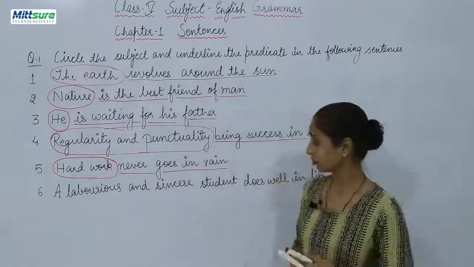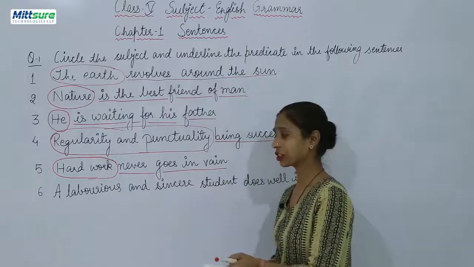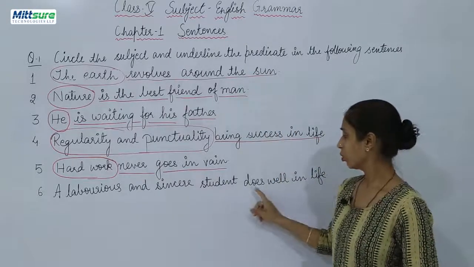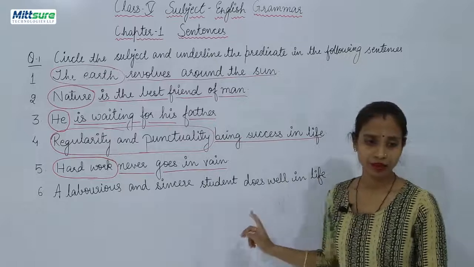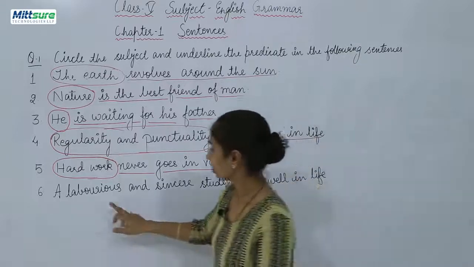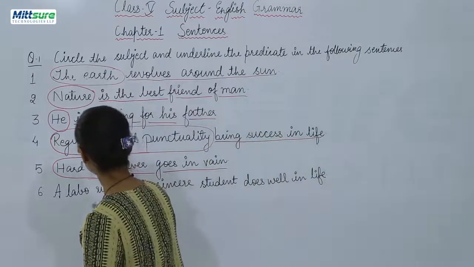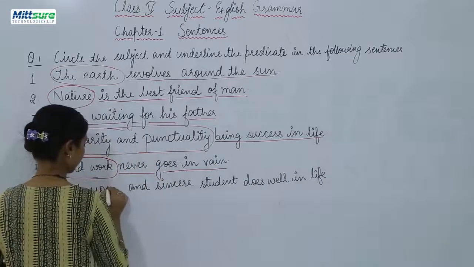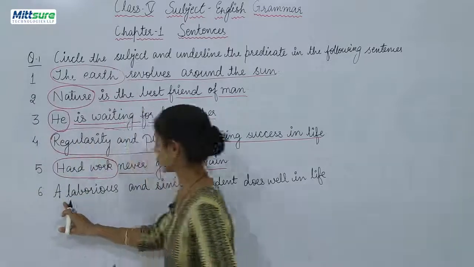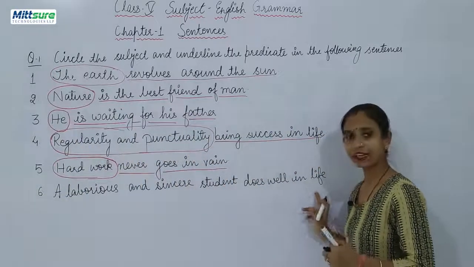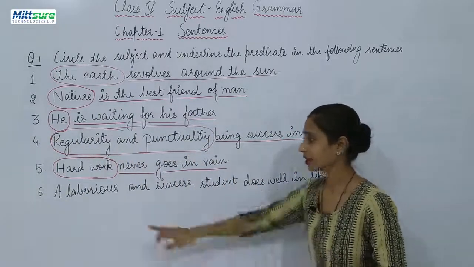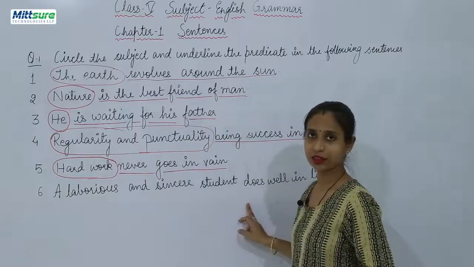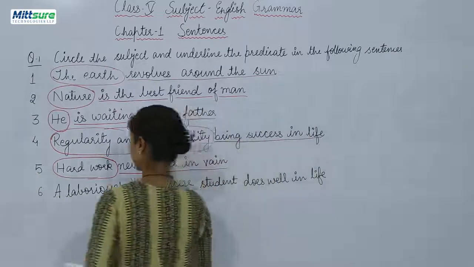Now, again, ask the question from the verb. Who does well in life? Ask the question, who does well in life? A laborious and sincere student. So, circle it.